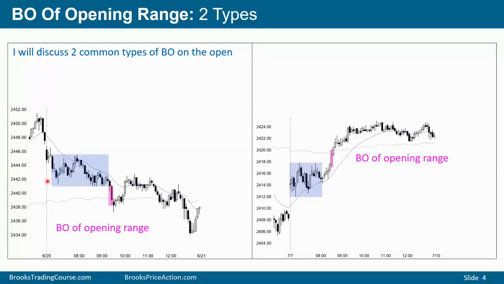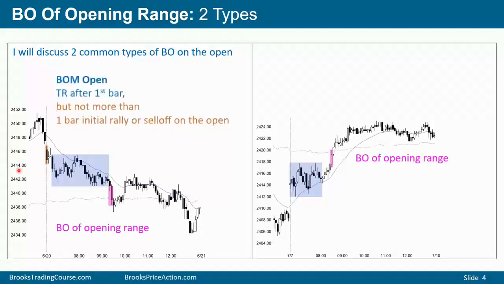We have an opening range, a bear breakout, and about a measured move down. Here we have an opening range and a bull breakout and about a measured move up. I said that traders want to see the reversal down come from above the high of the first bar.